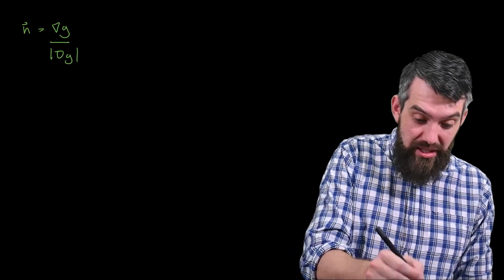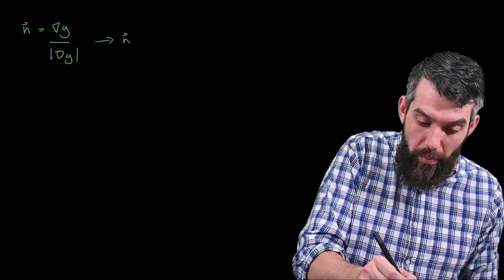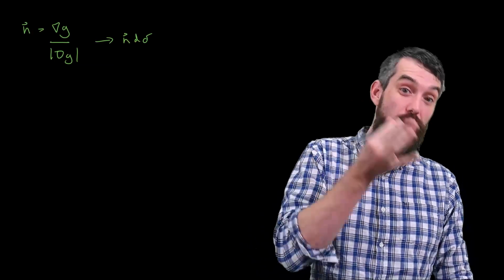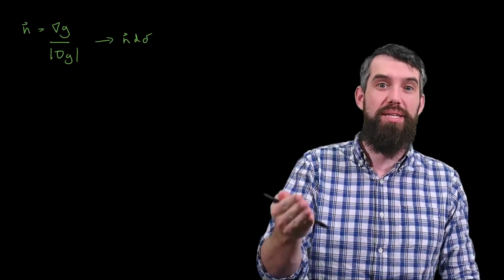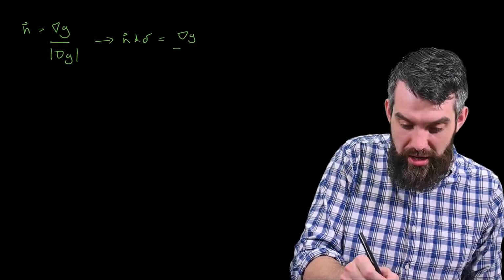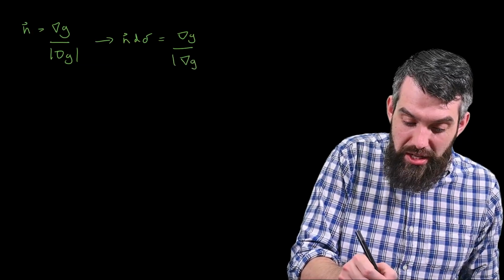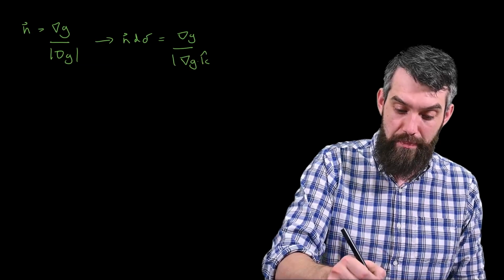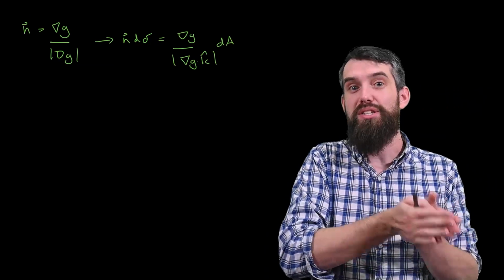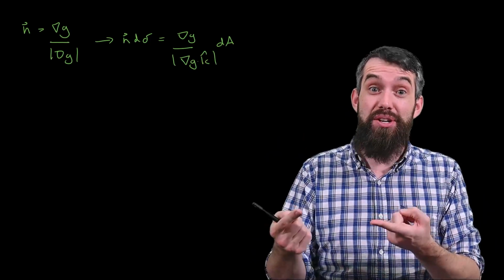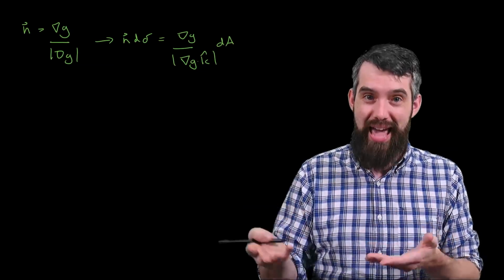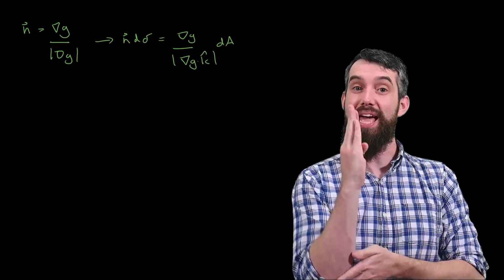Now I sometimes find it easier to deal with the normal and d sigma all in one go. There's a little bit of cancellation when you do the normal and the sigma together. That's true for each of parametric, implicit, and explicit. So if I do this, then what I would be getting would be the gradient of g divided by the length of the gradient of g dotted with k hat, and then a little element of area. The shift from a little element of surface area, d sigma, to dA has this stretching factor, the magnitude of the gradient of g divided by the magnitude of the gradient of g dotted with k hat, because the surface is above the xy plane and the k hat is just pointing straight up.